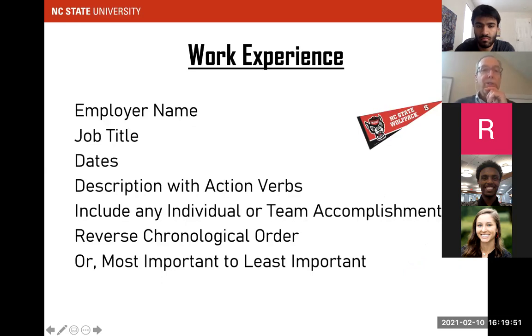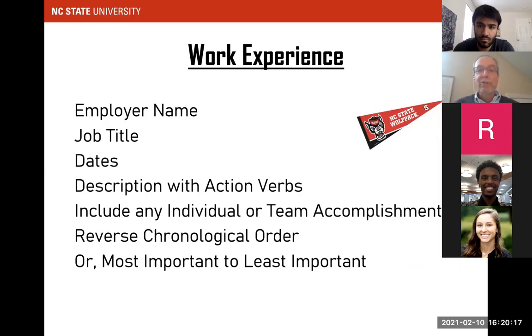Okay, thank you. So for the experience, of course you put the employer name and then your job title, even if it's just volunteer. You put it on there. You have the dates that you worked. Put a good description of what you did. You want to give them a good basic idea. It doesn't need to be in great detail, but it's helpful to have some kind of description.